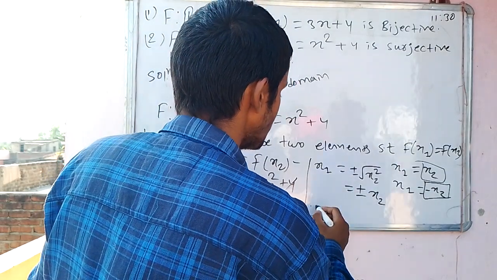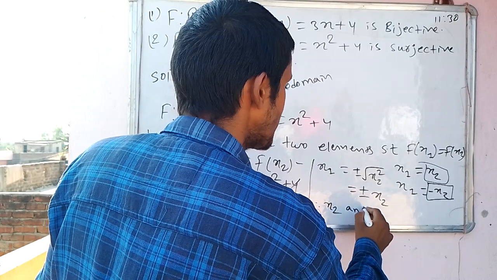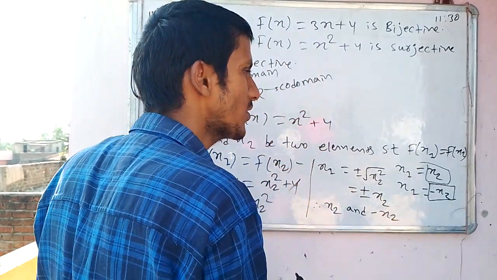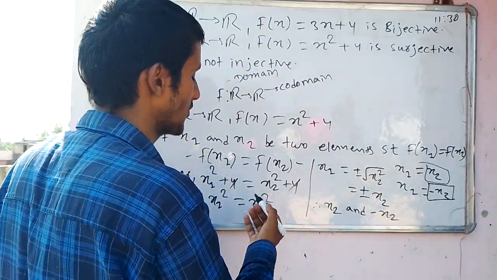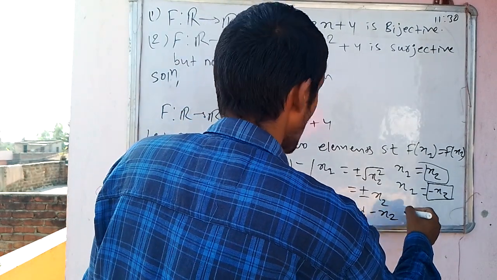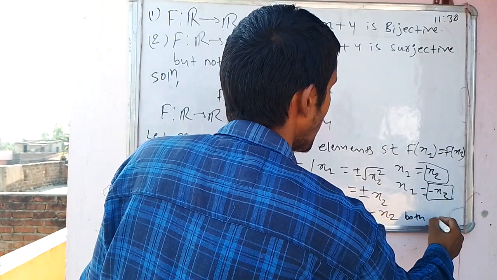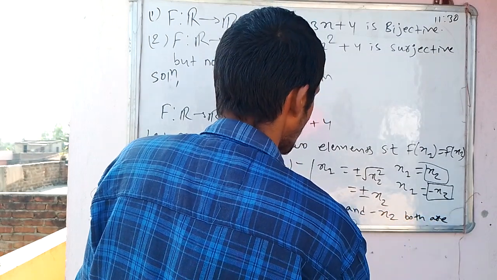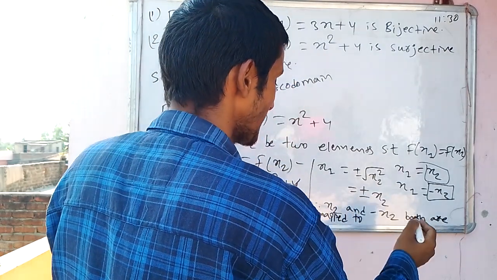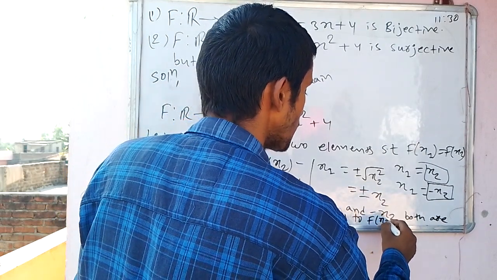It means that x2 and minus x2 both are mapped to the same thing, f of x2.